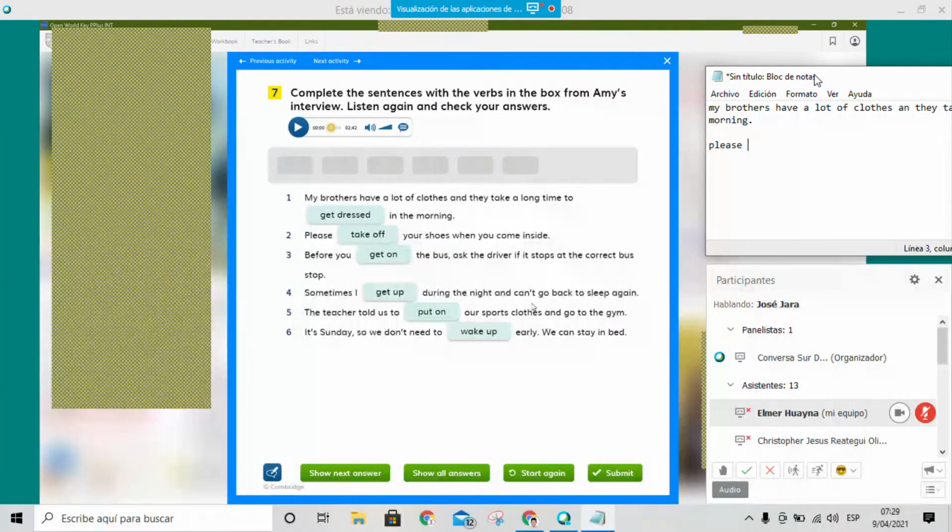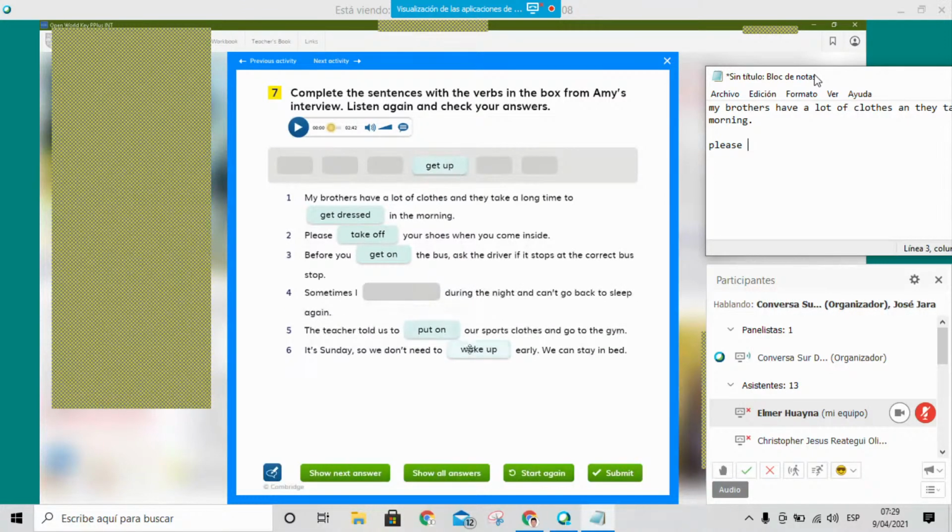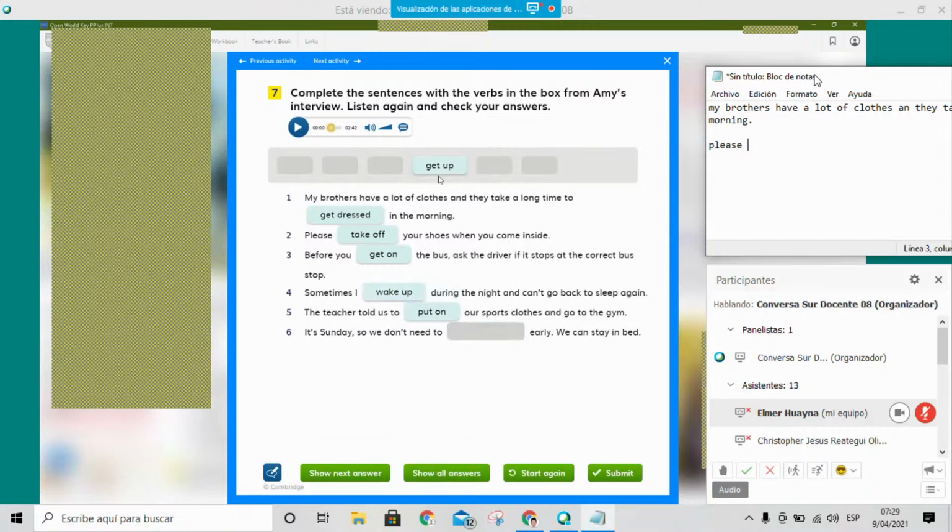In number 6 it was get up because it says we can stay in bed. Yes, it's more logical. So if you wake up, you can sleep again. And in this case, you don't need to stand up. You can stay in bed. Correct.